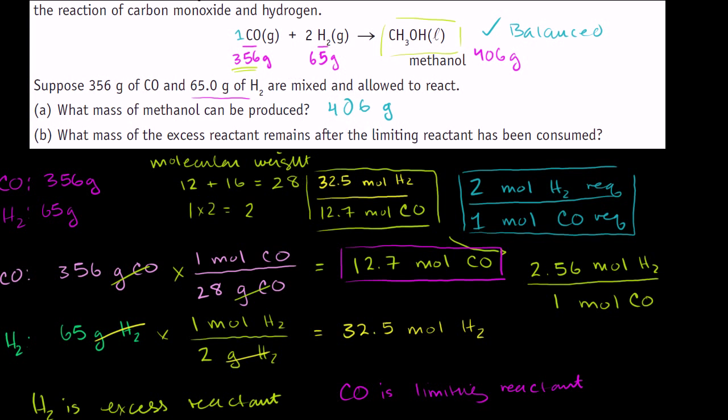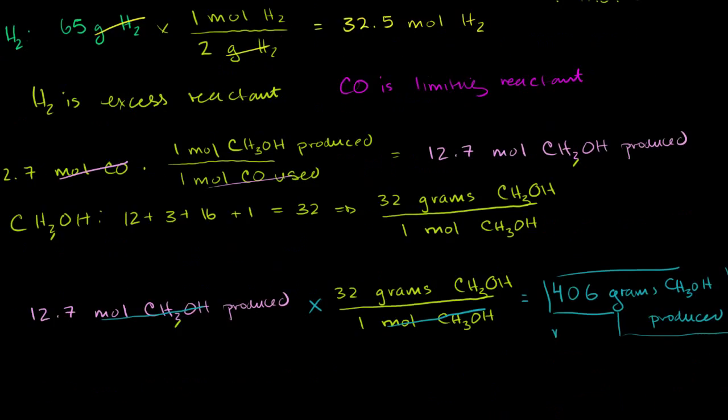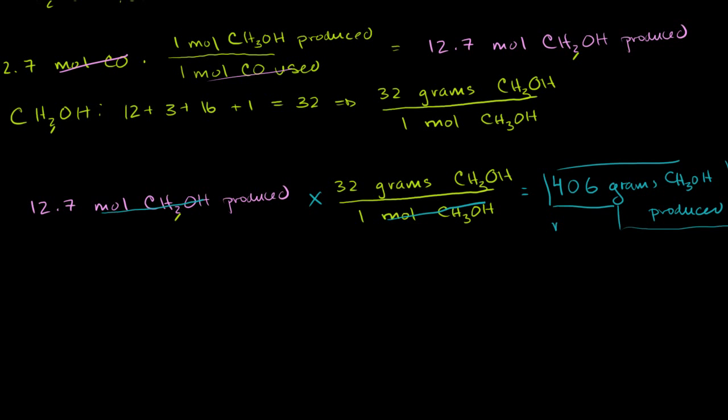So let's think about it a little bit. The left-hand side, how many total grams do we have? 356 plus 65, we're starting off with 421 grams of reactant.